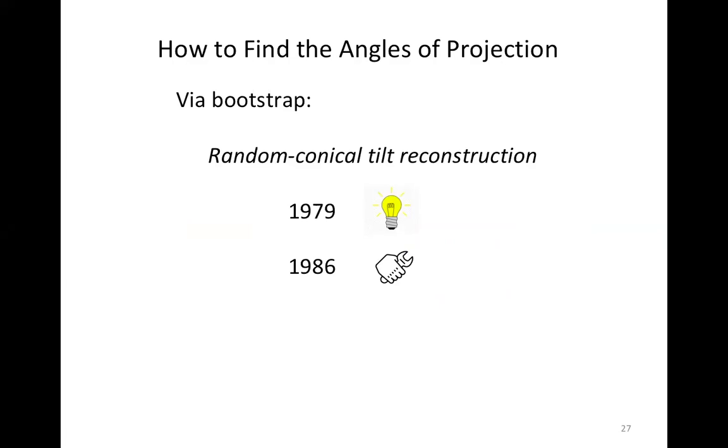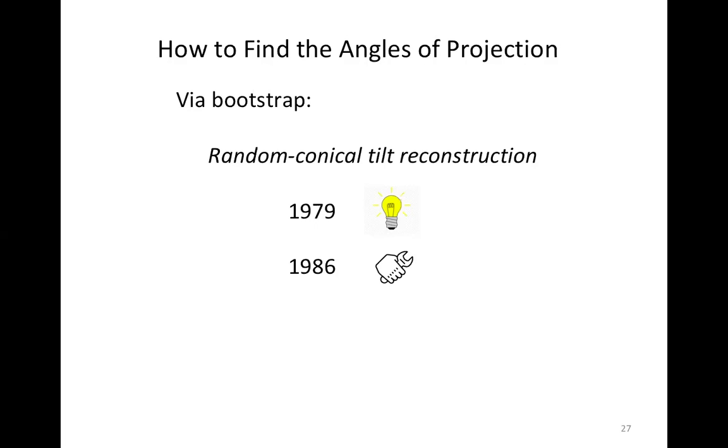Now, one of the biggest problems is how to find the angles of projections. Well, there are so-called bootstrap techniques in which we essentially come up with some kind of a preliminary reconstruction. Once we have the preliminary reconstruction, we can then do some kind of an iterative technique in order to refine this.